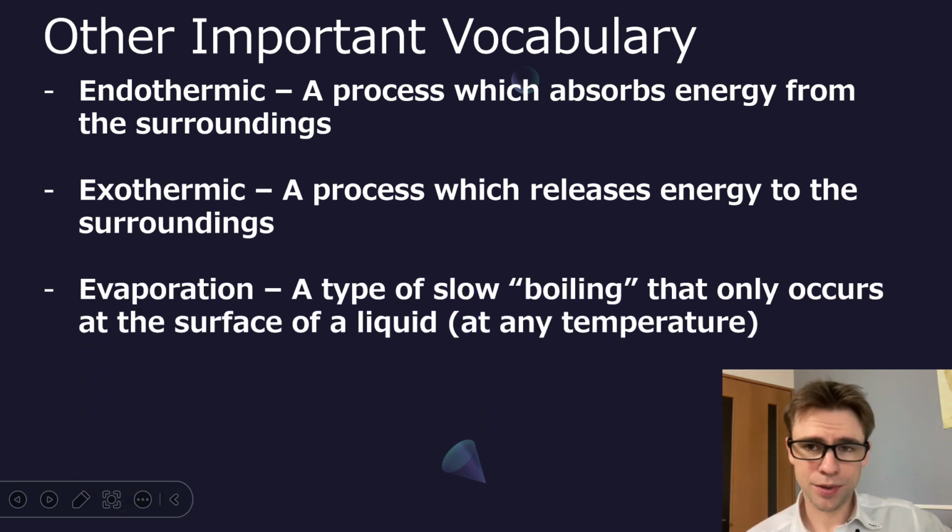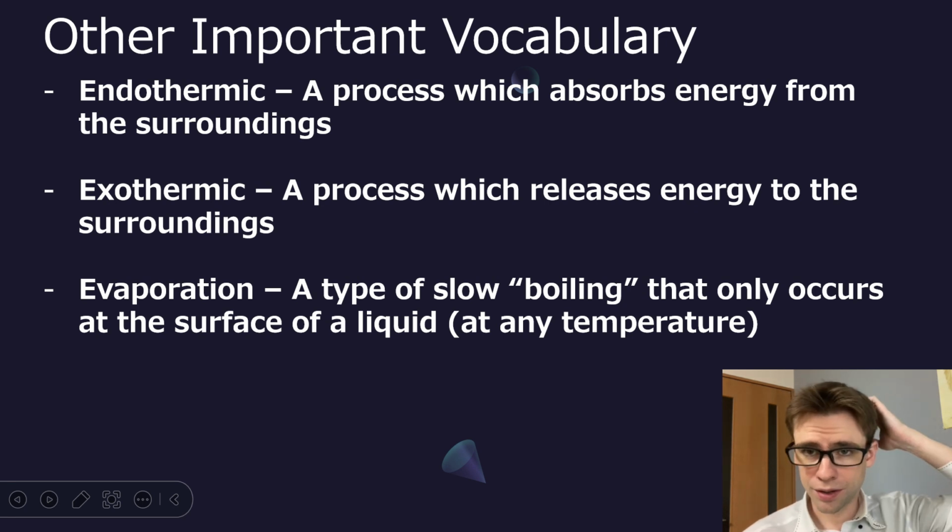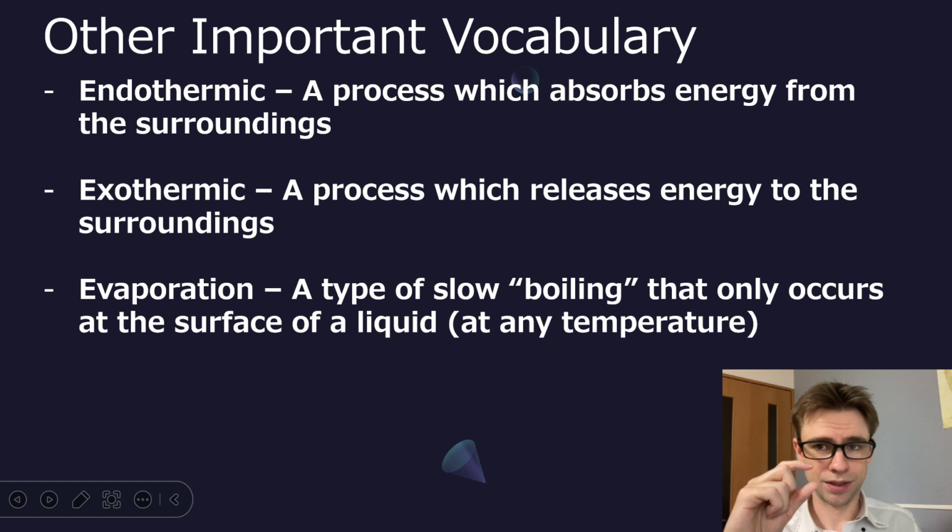Evaporation. This is a type of slow boiling that only occurs at the surface of a liquid at any temperature. So, a cup of water at like 20 degrees Celsius, even though it's not anywhere near its boiling point of 100 degrees Celsius, the volume will reduce as you leave it over several days.